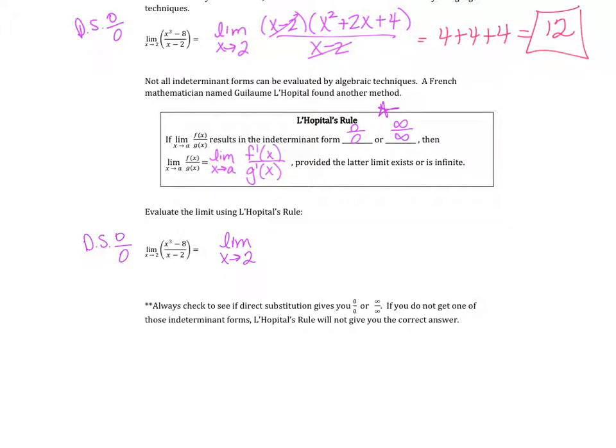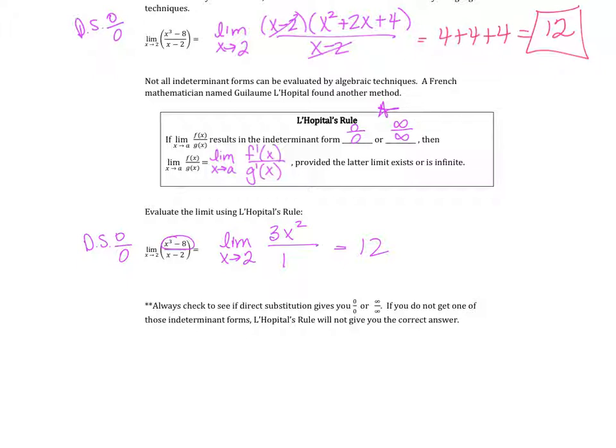I'm not doing quotient rule. That gives me 3x squared. The bottom gives me 1. If I plug in 2, 2 squared is 4, 4 times 3 is 12. Man, I'm there a heck of a lot faster than doing all the other algebraic steps.